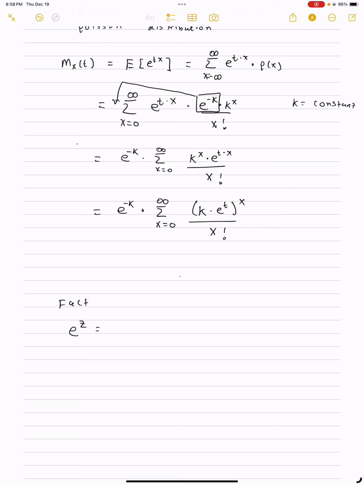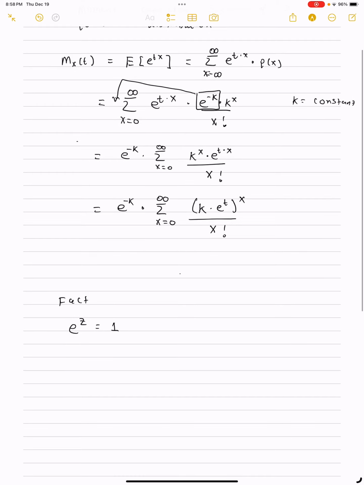e to the z has an infinite series representation. Its representation using its Maclaurin series is going to be 1 plus z plus z squared over 2 factorial plus z cubed over 3 factorial plus z to the fourth over 4 factorial, and this never ends because it's an infinite series.